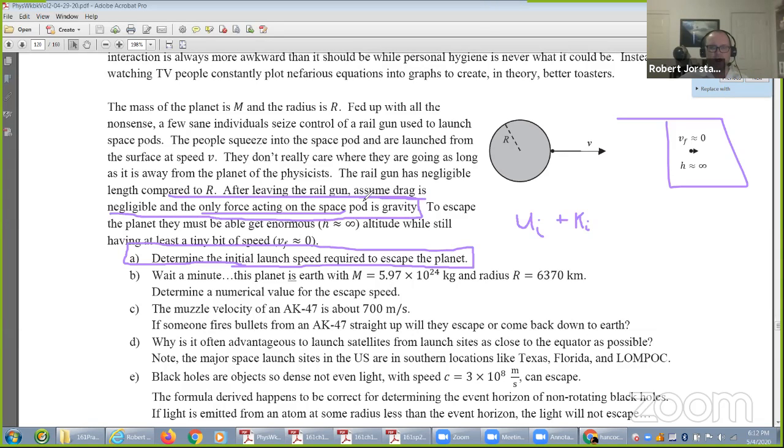We'll deal with drag another day. So there's no work that's non-conservative. So we're ignoring the non-conservative work due to drag. So I'm going to set that equal to 0. I keep going. I say there's U final plus K final.